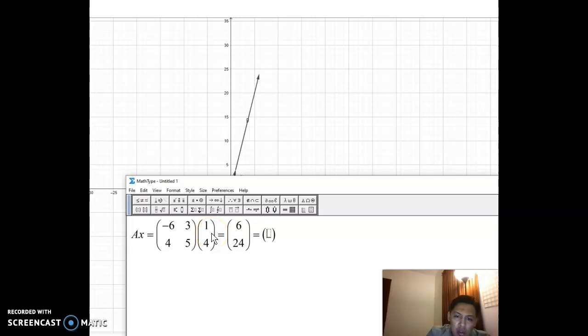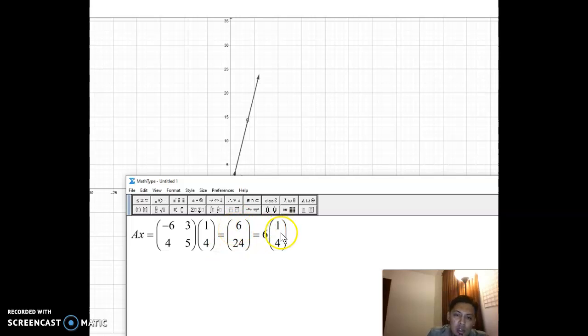This is the vector that, when multiplied, will expand the line but still remain on the same original line, and the value that we need to multiply with this vector to get this is 6.